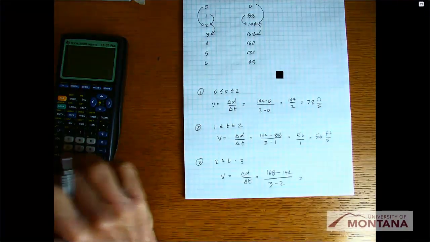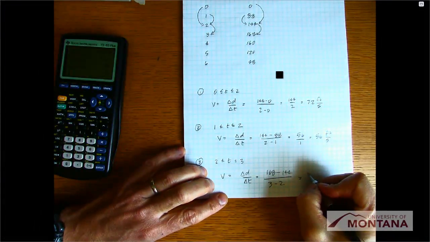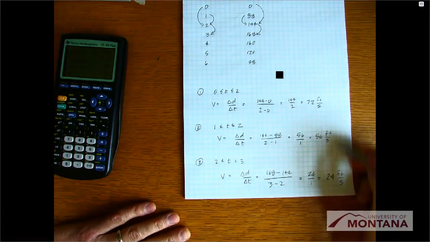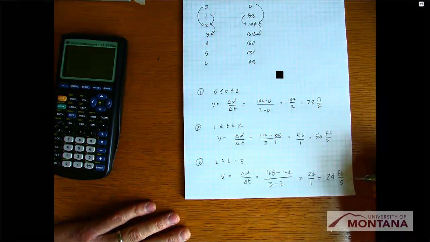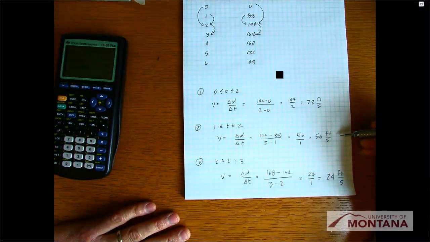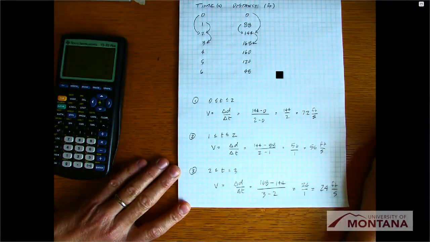So 168 minus 144, that's just 24 over 1, so it's 24 feet per second over that interval. So again, it should make sense to you that it's moving slower in that interval from 2 to 3 than it was in the interval from 1 to 2 because of the effects of gravity.